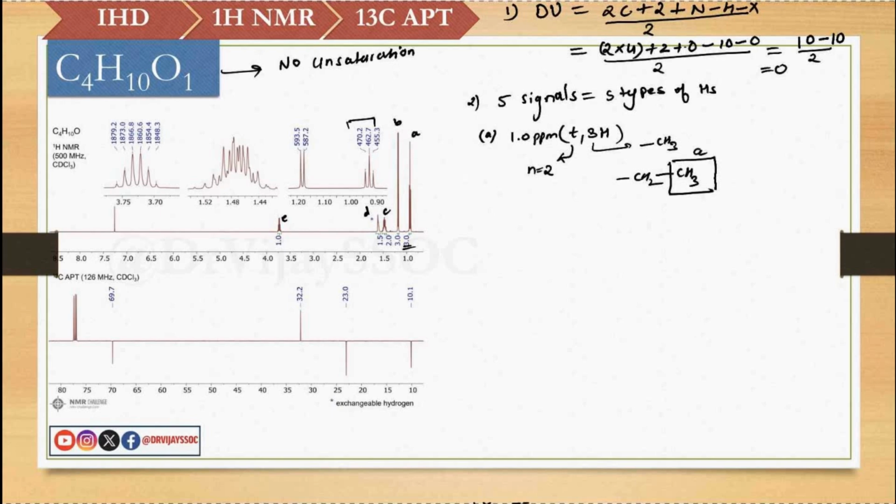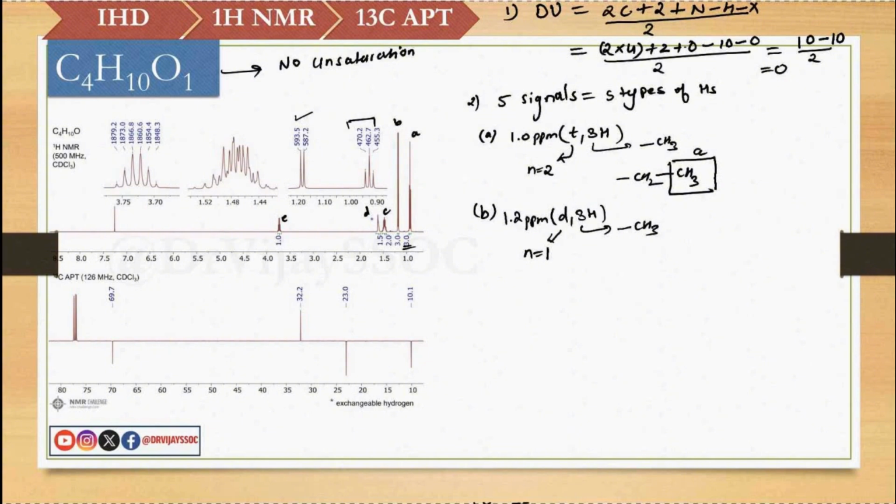Now let's look at the B. B is a doublet. You can see here it is a doublet, and it is around 1.2 ppm. Doublet, integration value 3 hydrogens. So this doublet means there is 1 hydrogen in the neighbor, and this is the methyl signal.